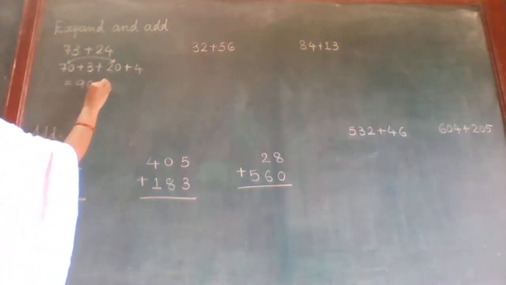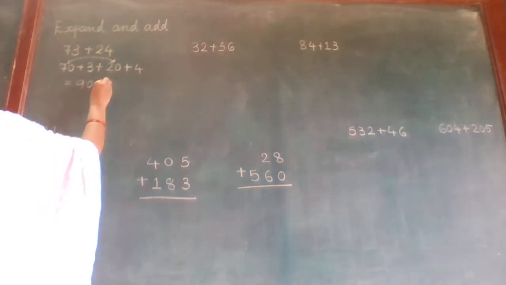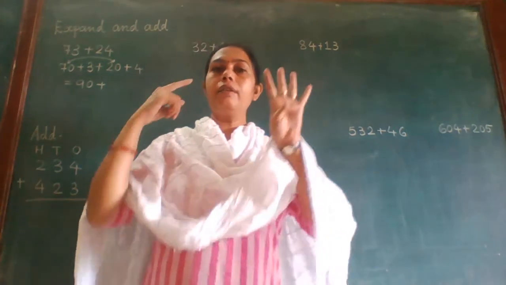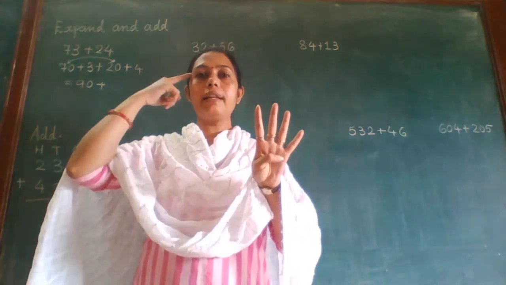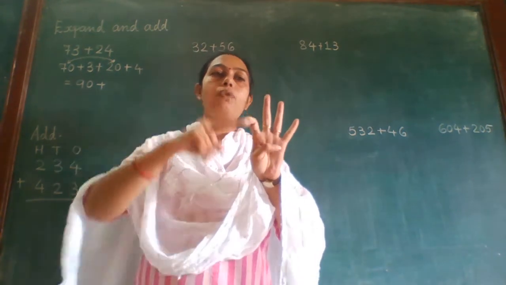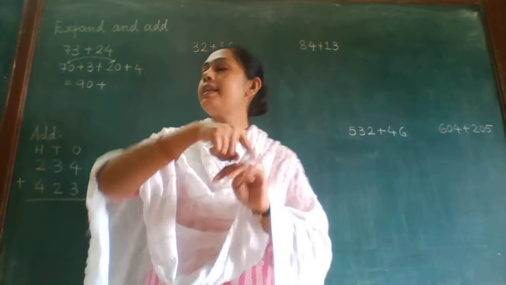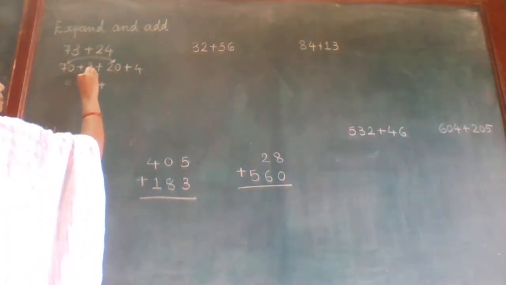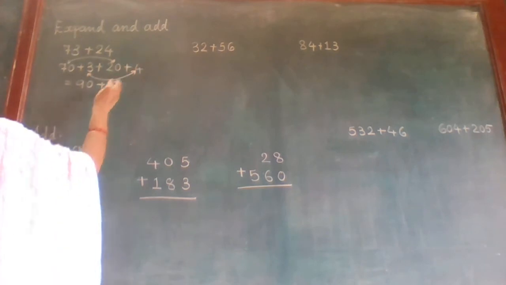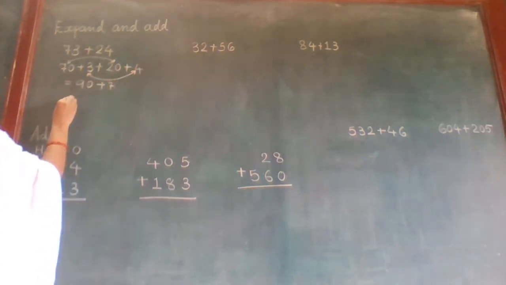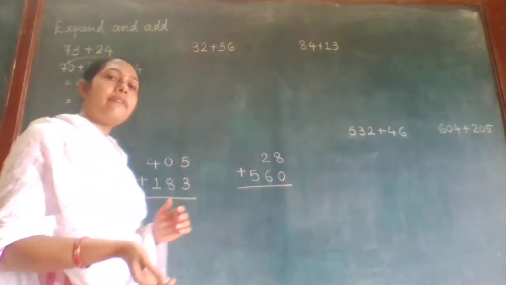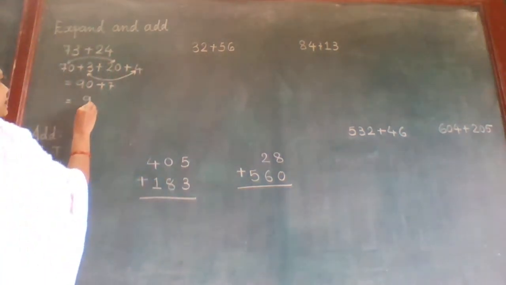Plus 3 plus 4. 3 plus 4: keep 3 in your mind. Take 4 fingers. 3 is here. After 3: 4, 5, 6, 7. We add the ones place. 3 plus 4 is equal to 7. Now we add 90 plus 7. 90 plus 7, 97.